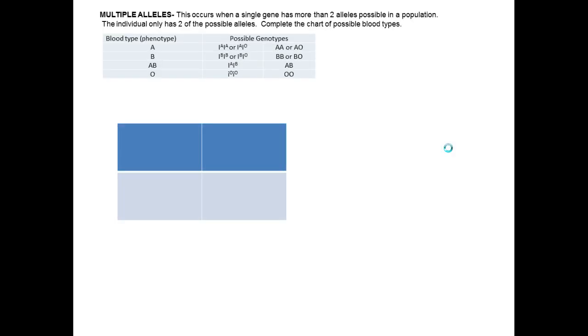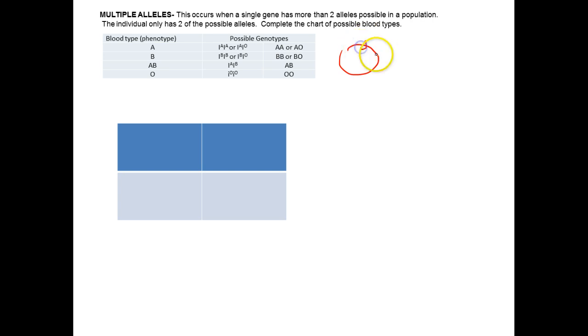Alright, now blood types. Blood types have multiple alleles, meaning there are several alleles that determine blood types, and it's also codominant. So if you have the allele, it'll show up. Now, if you are blood type A, sometimes the alleles are represented with I and a superscript, but for our purposes, we'll just use A for blood type A, or B and O. On a red blood cell, you have carbohydrate groups.